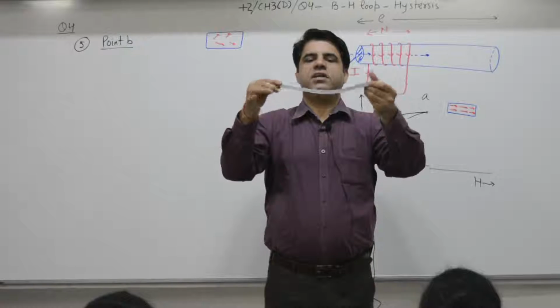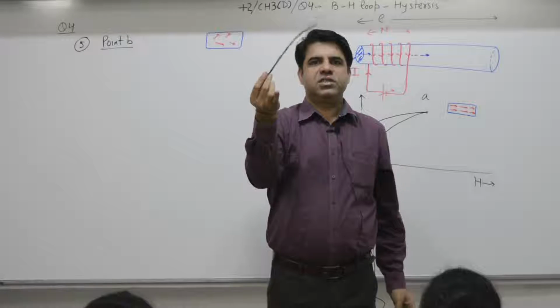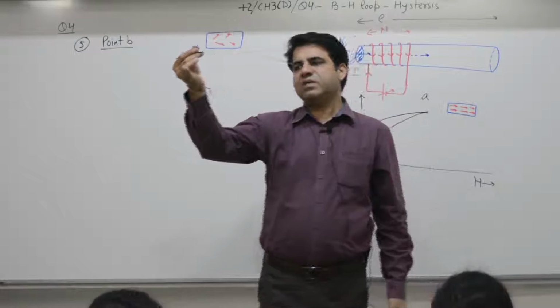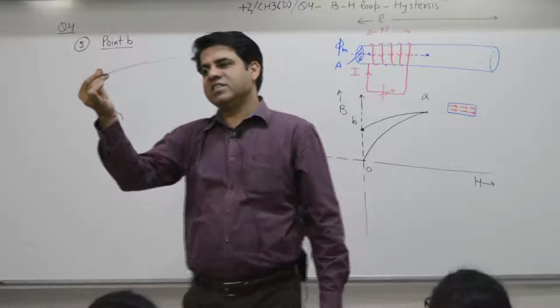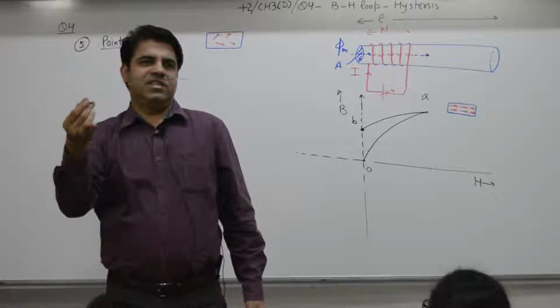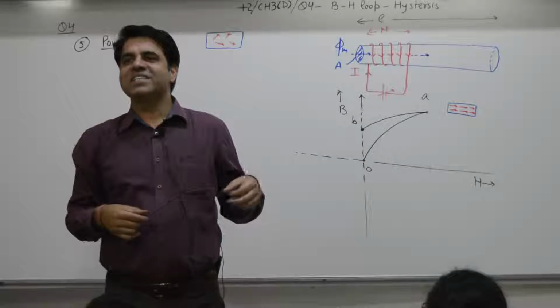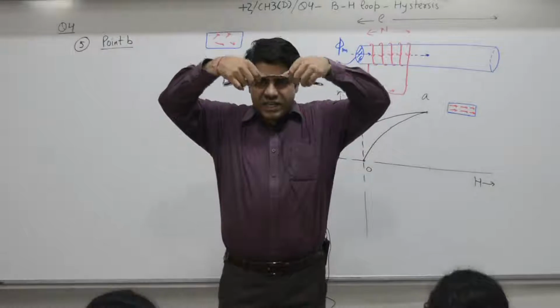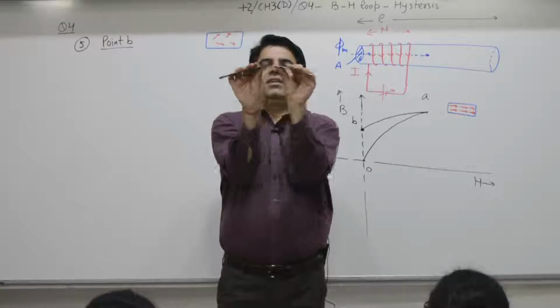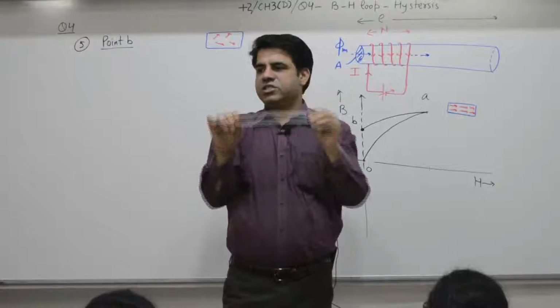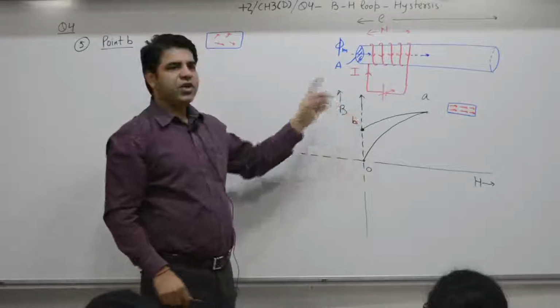Now you remove that. I have removed the force, but still there is an effect. Still the atoms or molecules are oriented in the same direction. In order to bring it back, I need to apply force in the opposite direction. Then you try to bring it back to the original position. So the same procedure I will follow here also.